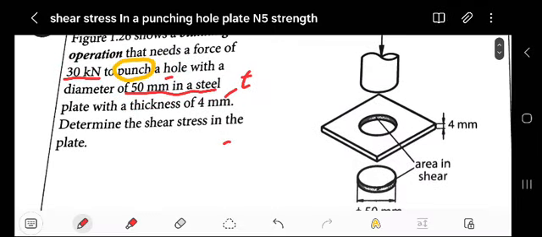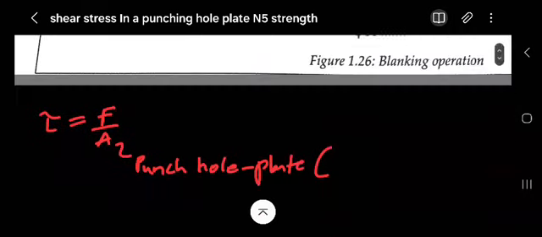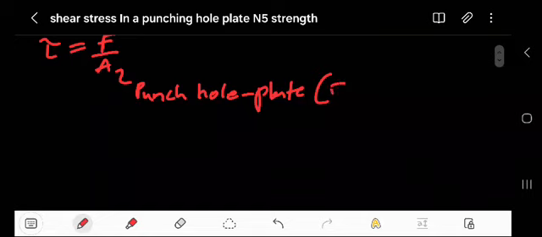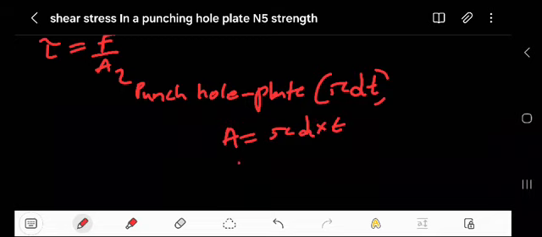You see, they used a circular punch, meaning that it's a circle. If it is a circle, you must have pi multiplied by diameter multiplied by t. So this is what you have; the area is always this. So, as I said, the area will be equal to pi times the diameter multiplied by t on that plate.